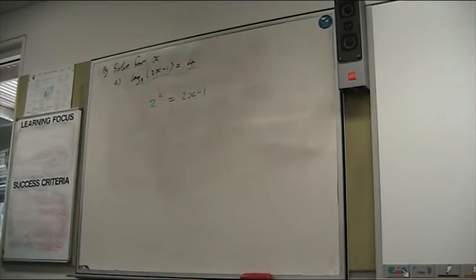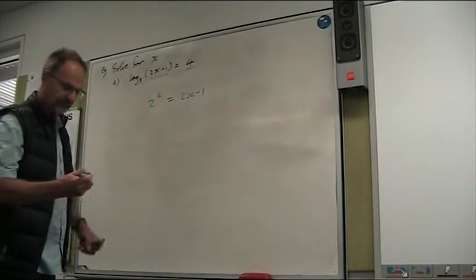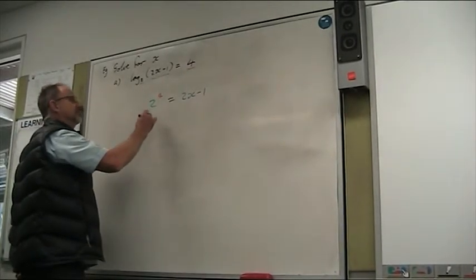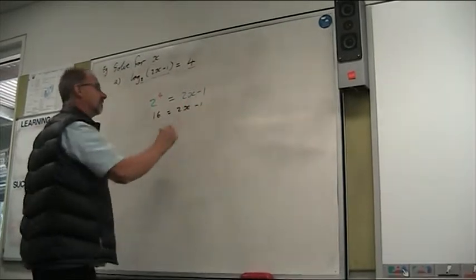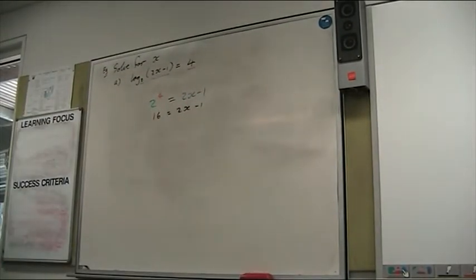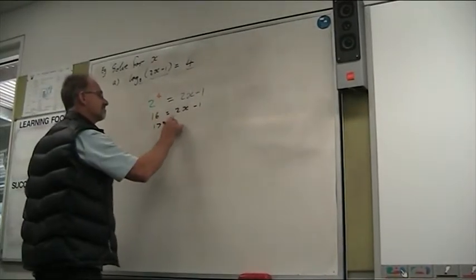All right, thank you. 2 to the power of 4 is what? 16, thank you very much. So we've got 16 equals 2x minus 1. Hopefully you know how to solve that equation. Plus 1, so it'll be 17, and then divide by 2. 17 over 2.